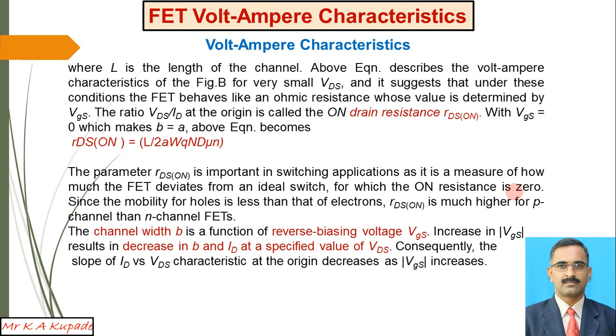The parameter RDS is important in switching applications, as it is a measure of how much the FET deviates from an ideal switch, for which the on resistance is 0.